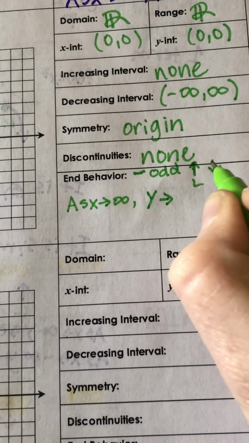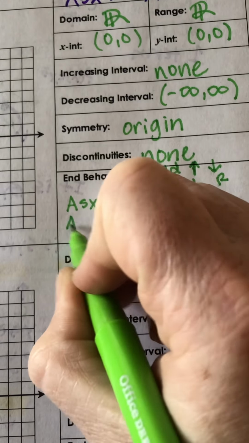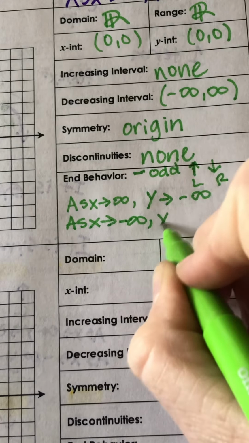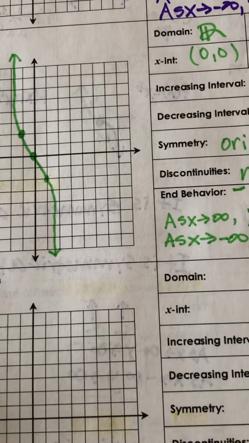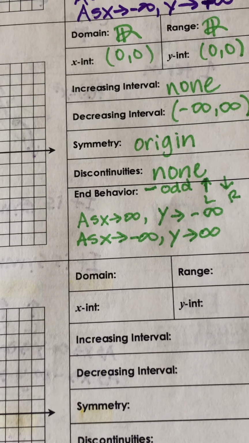Y approaches -infinity. And as x approaches -infinity, that's my left, y approaches infinity. Okay, and again, I know you can look at the graph, but you're going to have to be able to say this without a visual eventually.